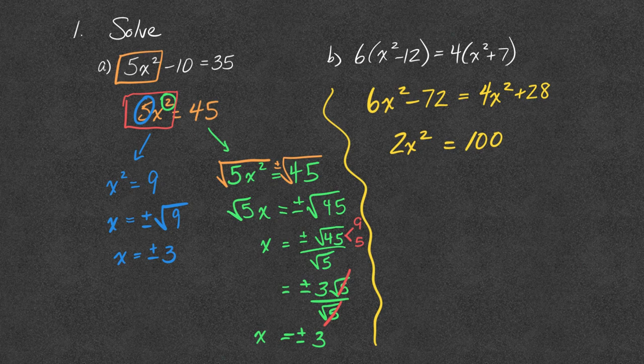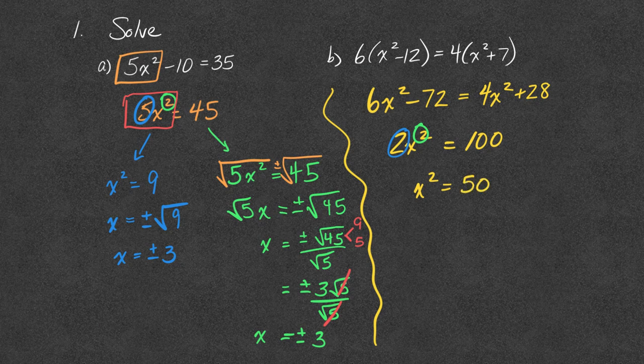And now I come in on the last equation. Here's where I'm faced with that question now. What do I want to do? Do I want to get rid of my times by 2, or do I want to get rid of my squared? And I hope that I have motivated everyone to get rid of the coefficient of 2 first. So how do we get rid of a times by 2? We can divide by 2.